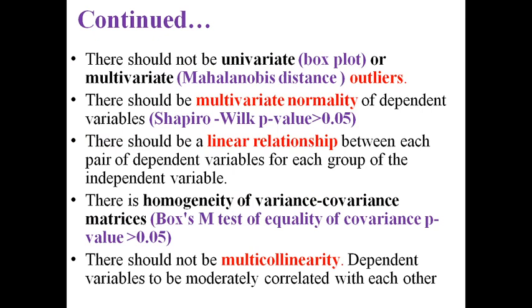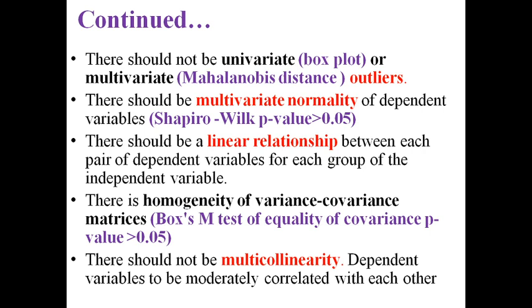Then there should not be univariate or multivariate outliers. Univariate outliers will be checked through box plot, and multivariate through Mahalanobis distance. Then next, there should be multivariate normality of the dependent variable. It is difficult to find out the multivariate normality, so we will check through univariate normality by Shapiro-Wilk, and this significance value should be greater than 0.05.